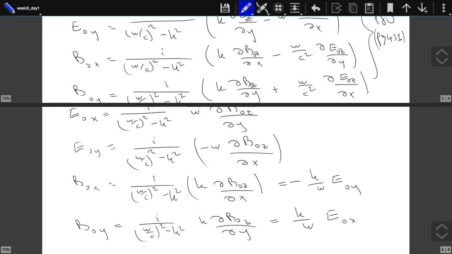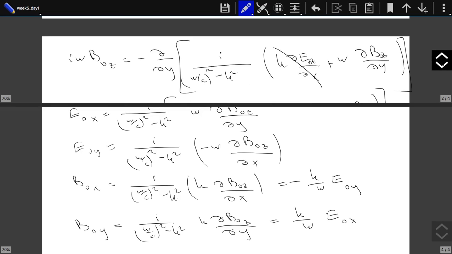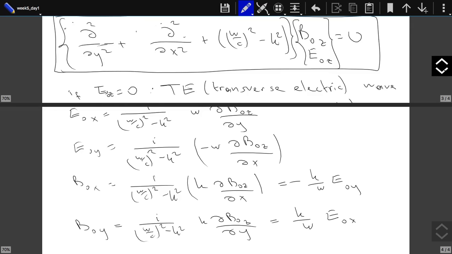And how do I determine B0z? Well, this is the equation that B0z satisfies.